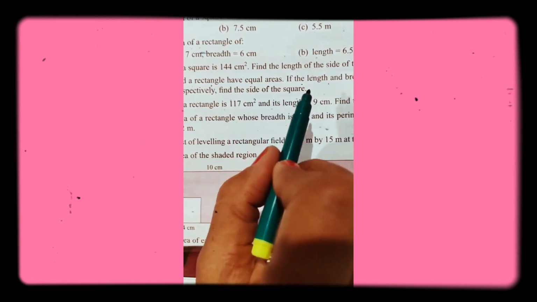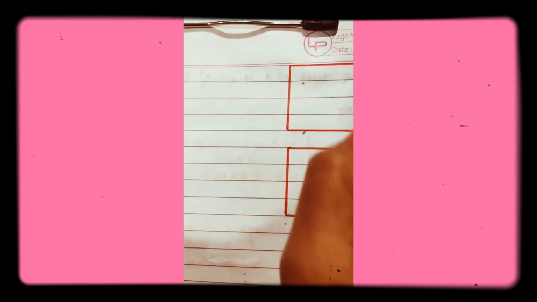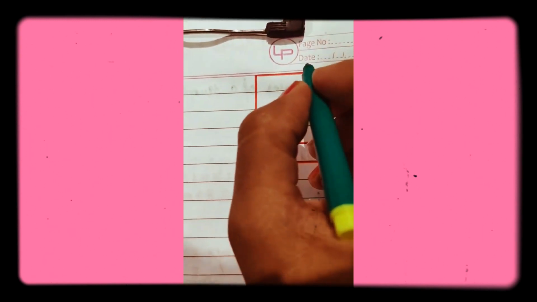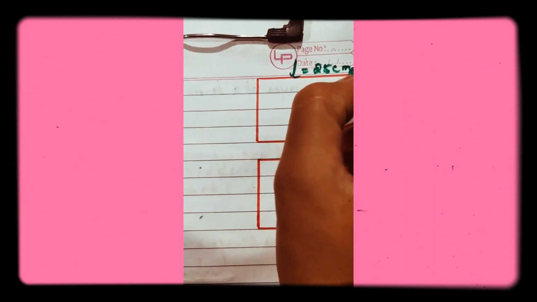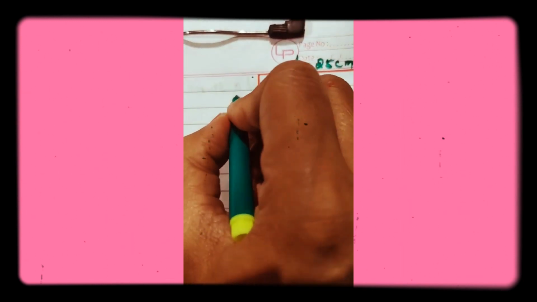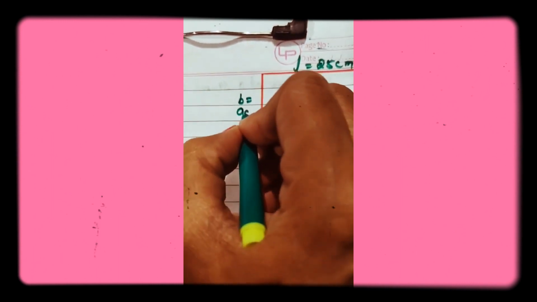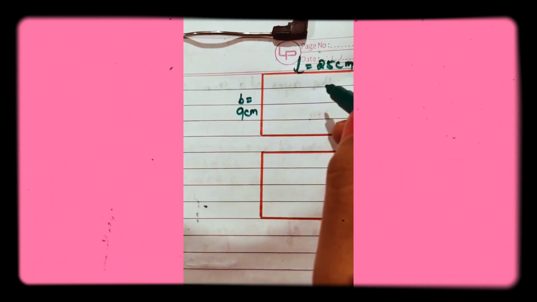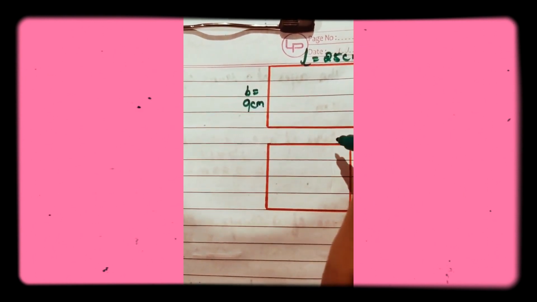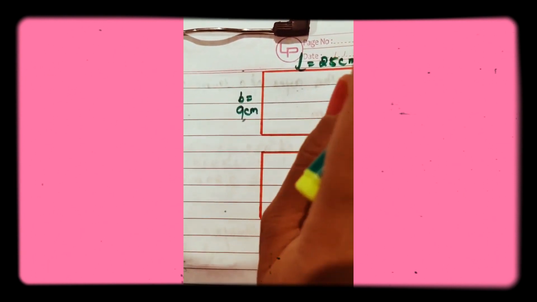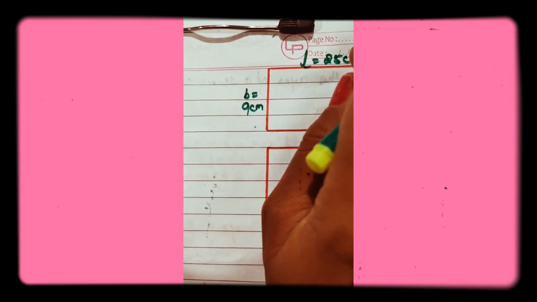Find the side of the square. So look at here. This is our rectangle picture. Rectangle length is given 25 centimeter and breadth is given 9 centimeter. You know, rectangle and a square both have same equal areas, and we have to find the side of the square. So go with the process.